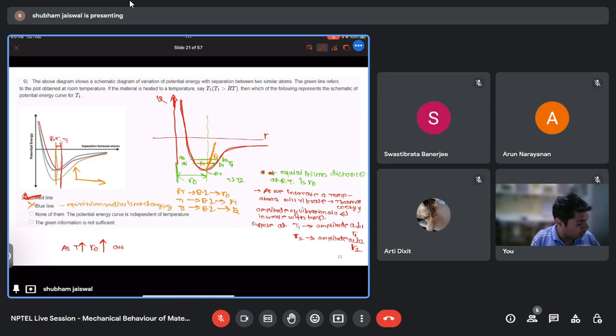Also, the amplitude will increase. So what does it imply?